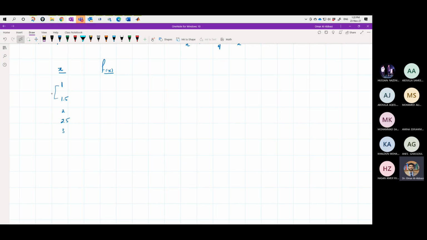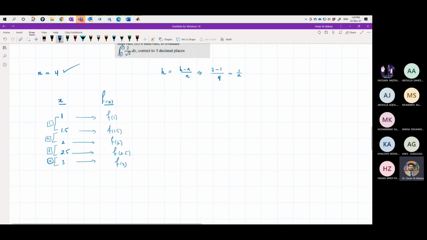How many intervals do we have? That is the first interval, the second, the third, and the fourth one. Right? At each point, you will evaluate f1, f1.5, f2, f2.5, and f3. Okay, guys.